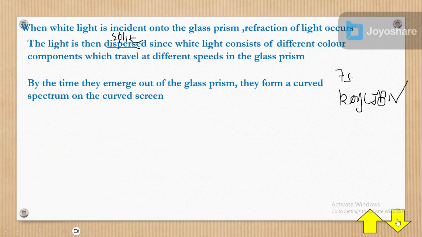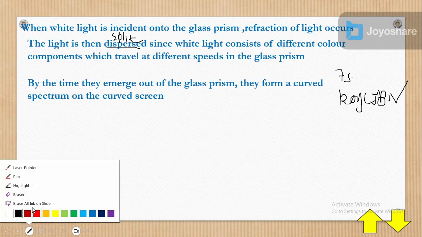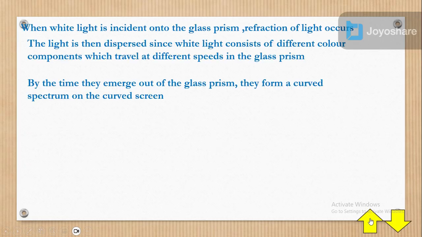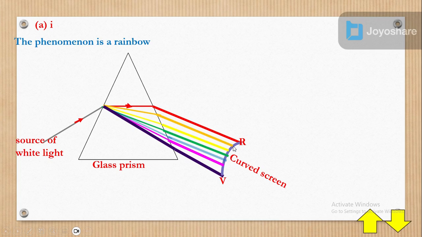Let's now see the last statement. They say by the time they emerge out of the glass prism, they form a curved spectrum on a curved screen. So in simple terms, what we do is we now come and put here a curved screen. Please, it's very easy to get this. A curved screen can be a paper. You make it form a curve of that kind.